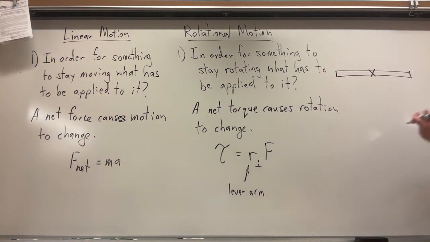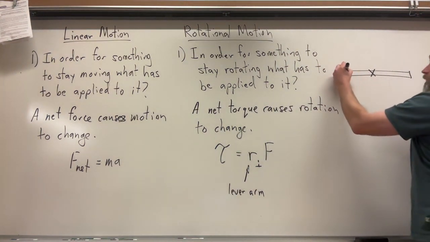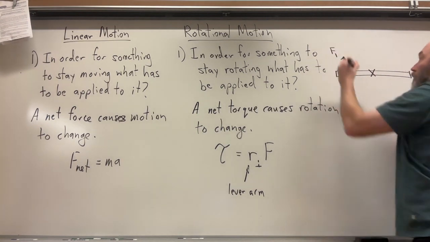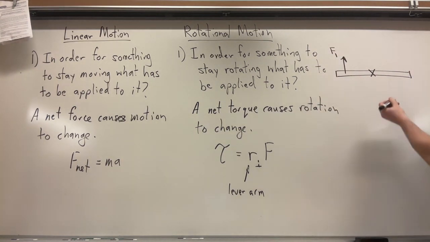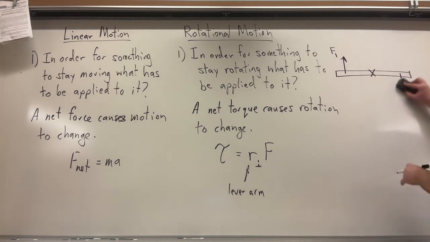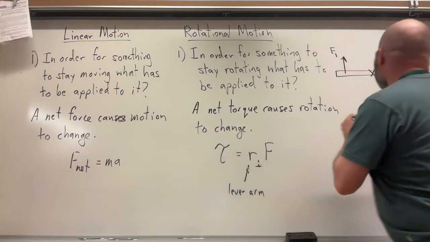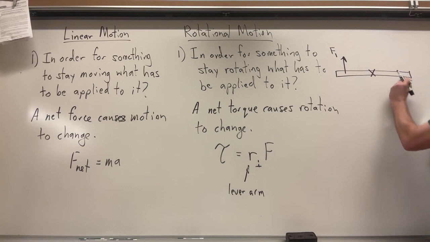If I am applying a force there, I'll call that force 1. And over here, I am going to apply a force this way, and I'm going to call this force 2. I'm going to make force 2 a different color, just so we can see that they're different. So my force 2 would be this way.